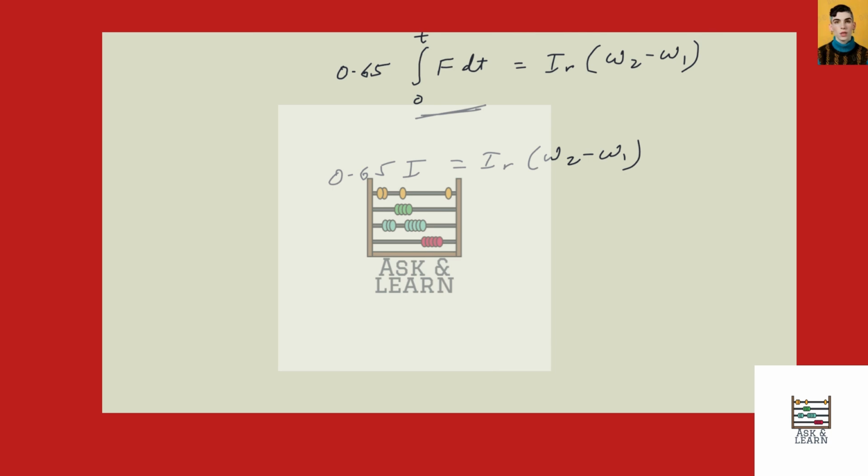So 0.65 times I, which is given as 8, is equal to 1.33 times omega 2 minus omega 1, and omega 1 is 0. So from here you will have the final angular speed as 3.9 radians per second.